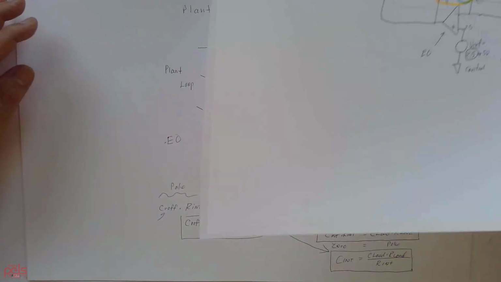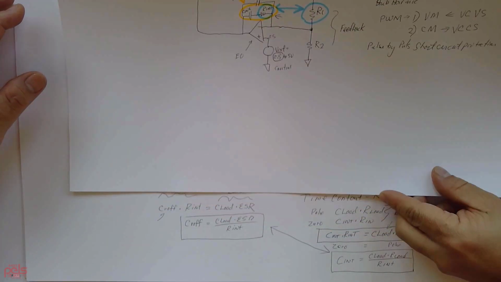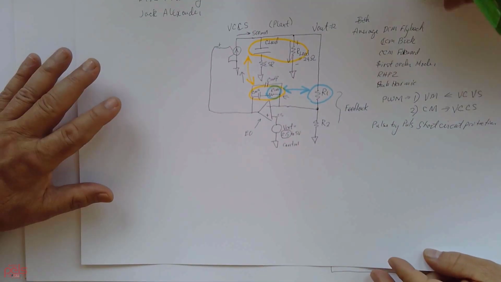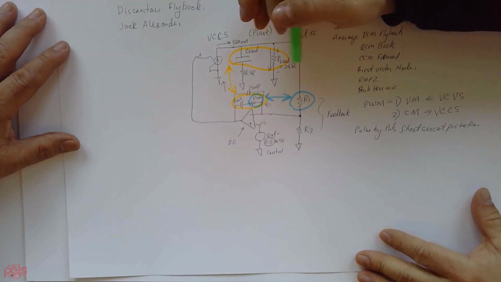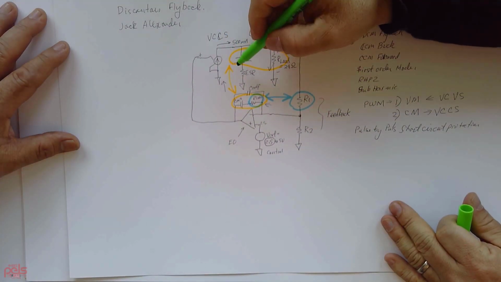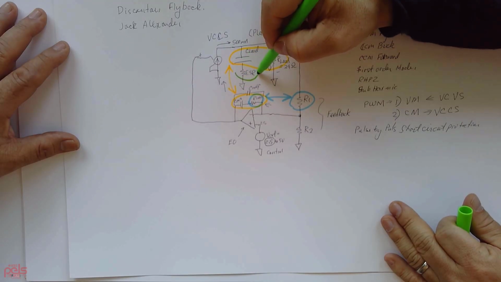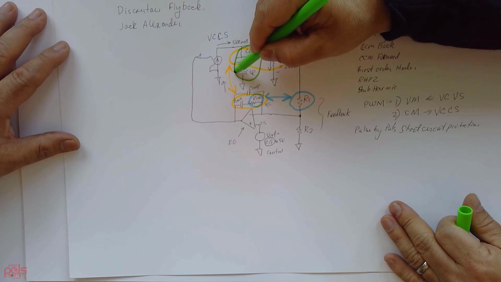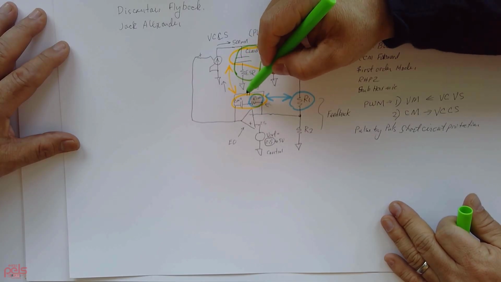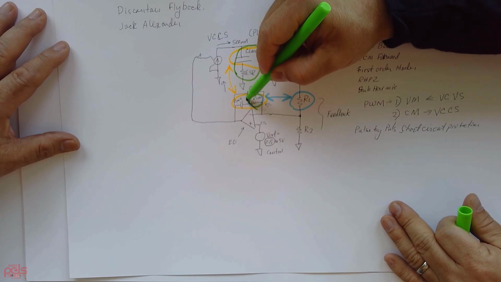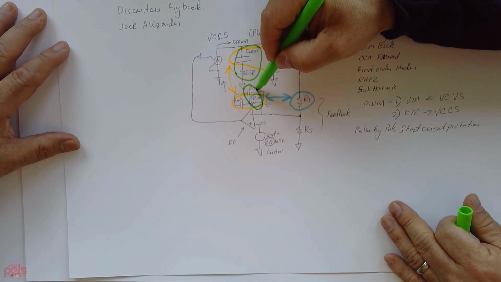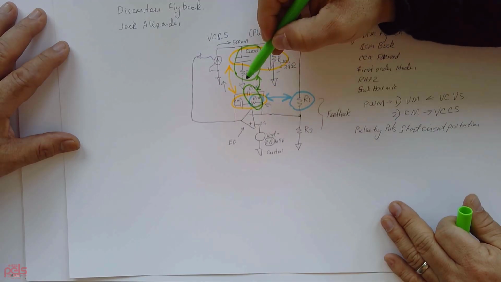Going back to the schematic then, just like you said, this here is going to be the zero, and this here is going to be the pole. I need to make their time constants equal to each other.